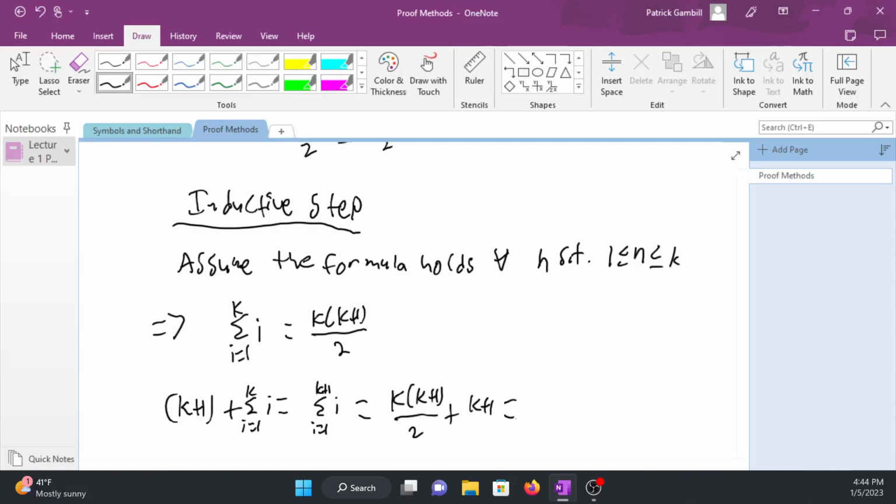So if we wish to factor this up appropriately, then what we might do is factor a k plus 1 out of both terms, giving us k plus 1 times k over 2 plus 1.